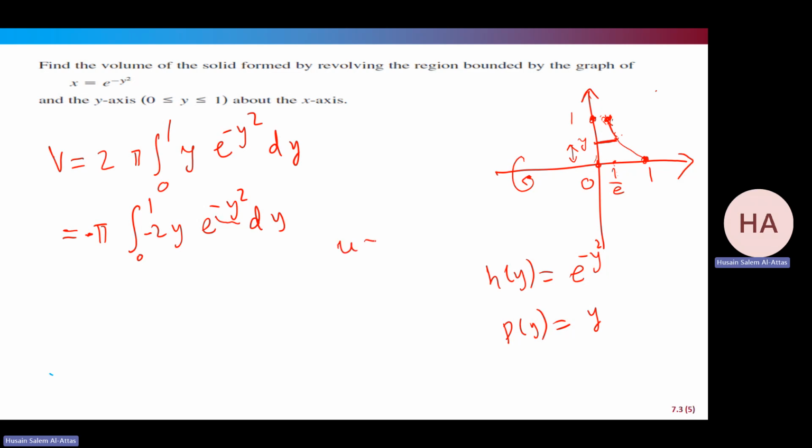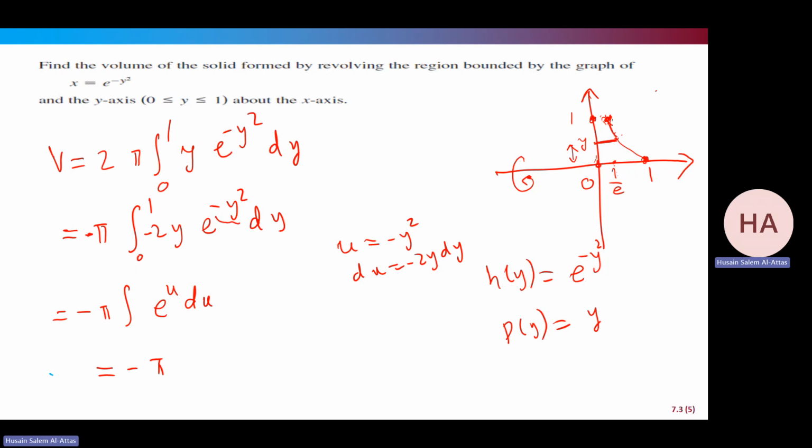If u equals minus y squared, du will be minus 2y dy. That gives me minus pi from 0 to 1 of e to the u du. And the limits of the integration will be different now.